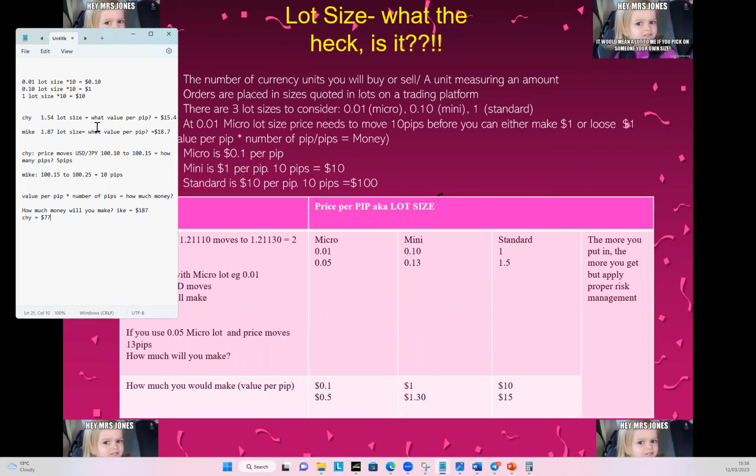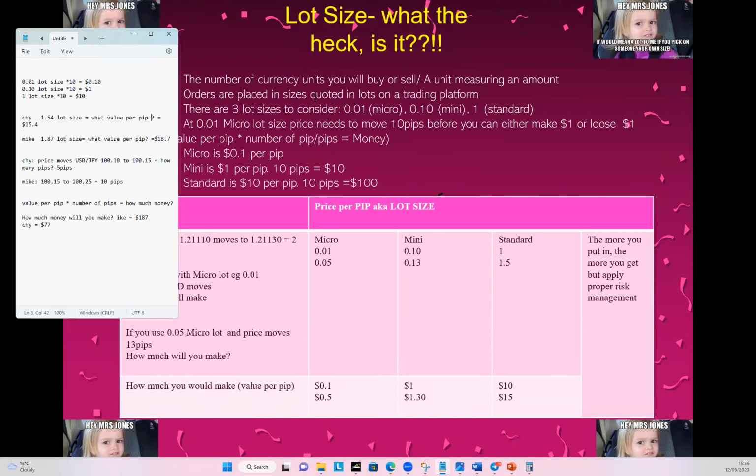What do you mean? We already did the times 10 to get the lot size. To get the value per pip, you mean? Yeah. So value per pip is equal to lot size times 10.